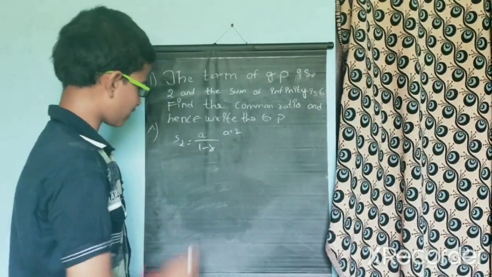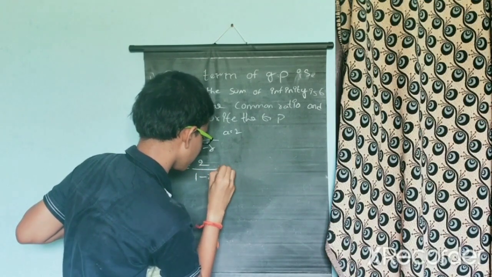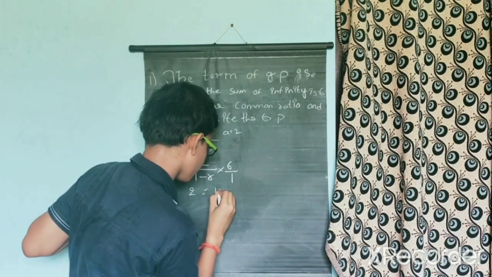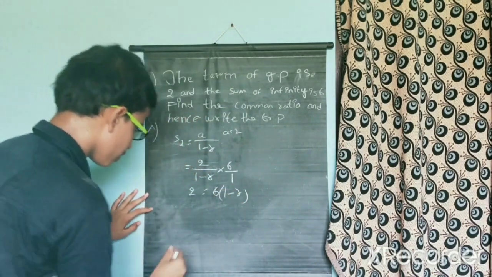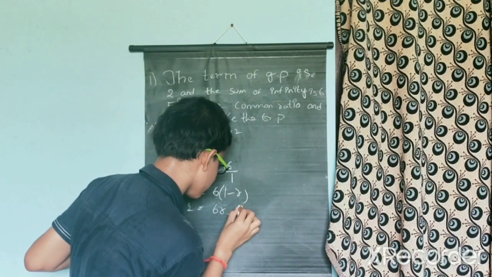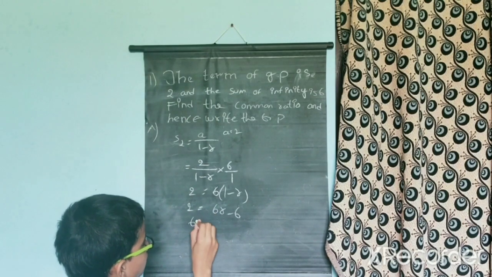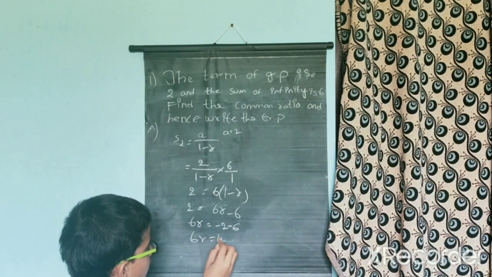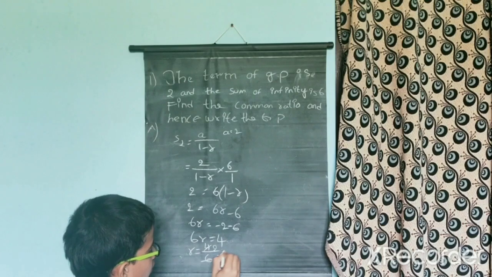I am so sorry friends, I did it wrong. 2 by 1 minus r equals 6 by 1 is not right; it should be 2 by 1 minus r equals 1 by 6, so 2 into 6 equals 1 minus r... Then 2 equals 6 into 1 minus r, so 2 equals 6 minus 6r. Then 6r equals 4 and r equals 4 by 6, which is 2 by 3.